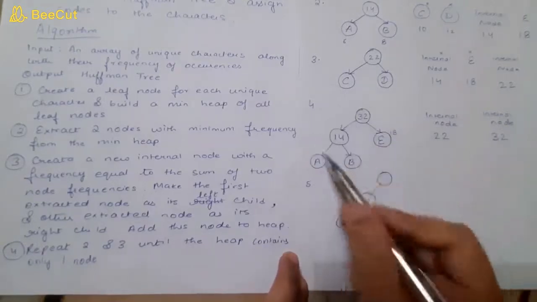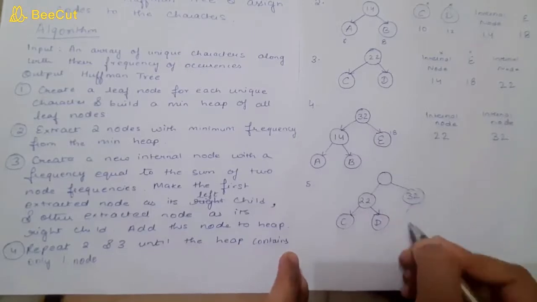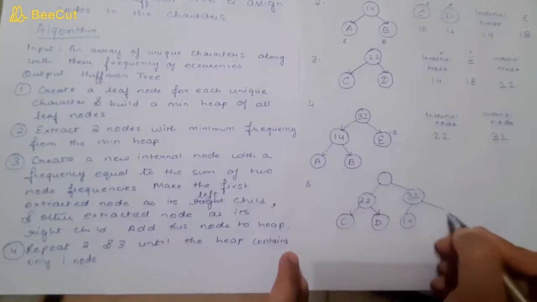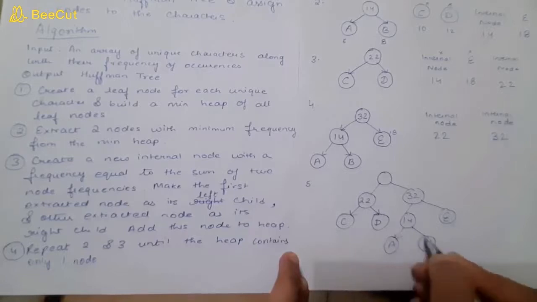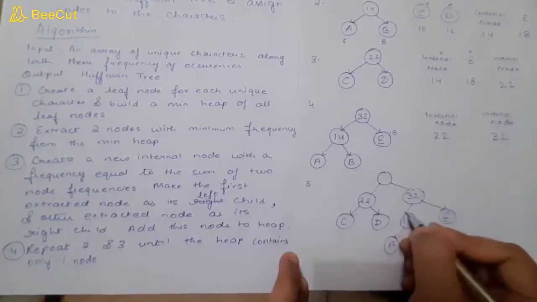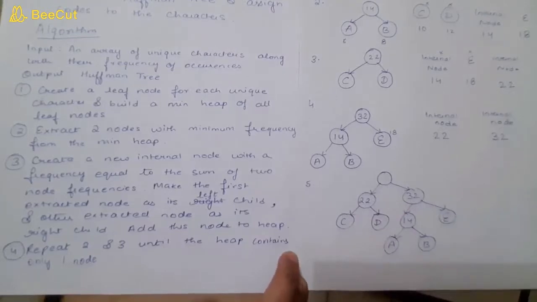That means this part. So 32, 14, E, A and B. Okay, it is like this.